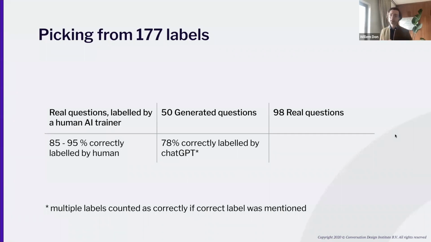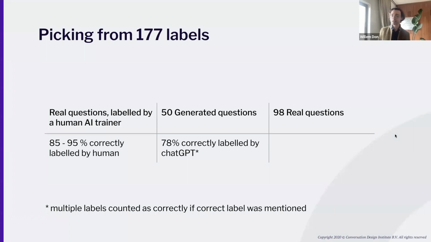And we gave it the allowance that when it outputted a few labels, if the winner was in there, we counted that as a win, because it just means the trainer would have to come in and check and improve those, but it's already nice if there's been some pre-work done. So 78% is not as good as humans, but we think with a few more iterations we'll get pretty close to the 85 already.